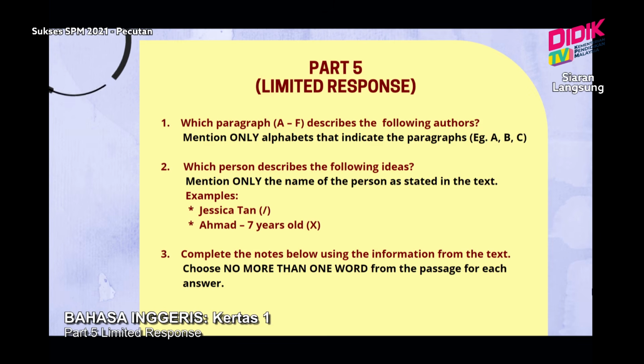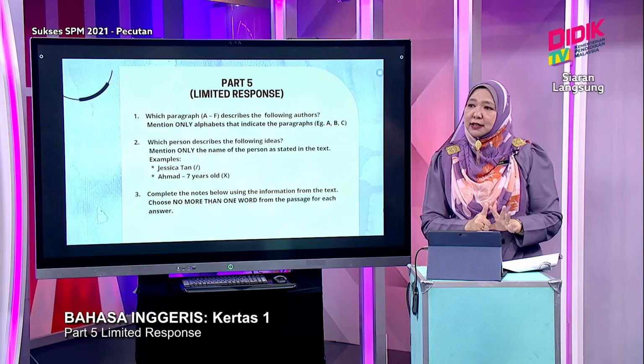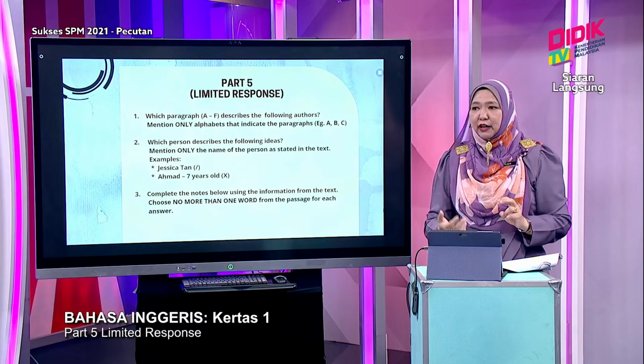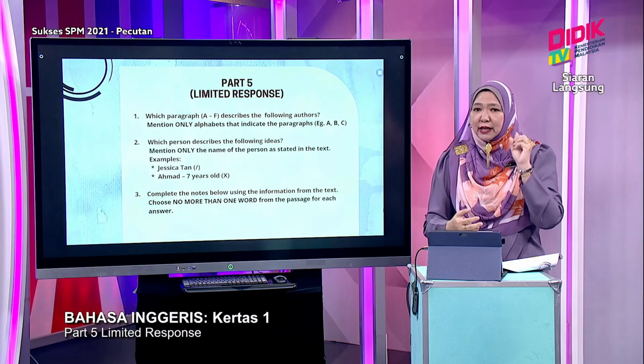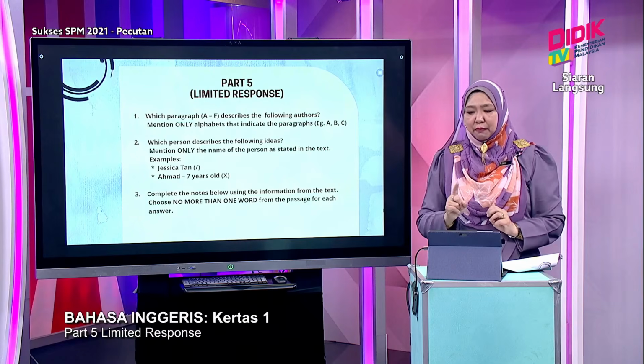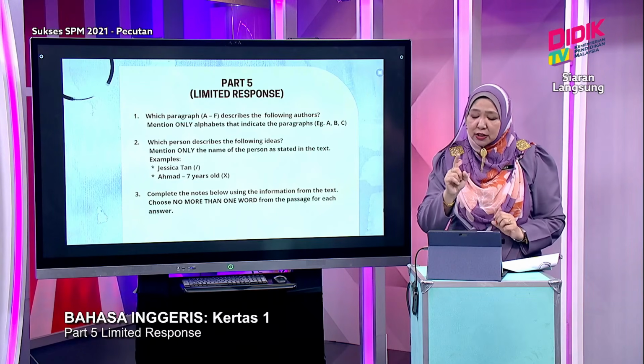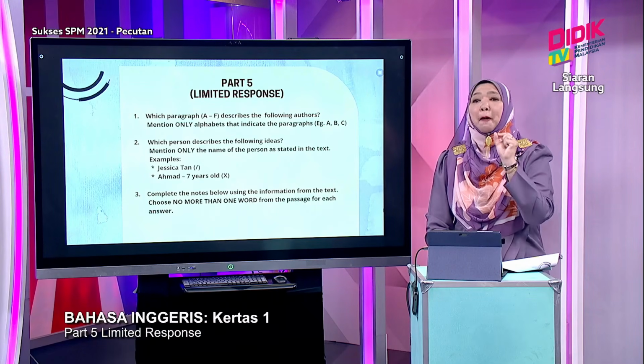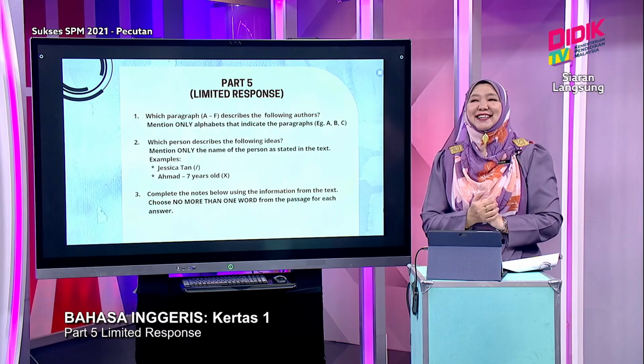You have A, B, until F, six persons there. Even though there are names of the persons, don't ever mention the name, because the instruction is which paragraph.